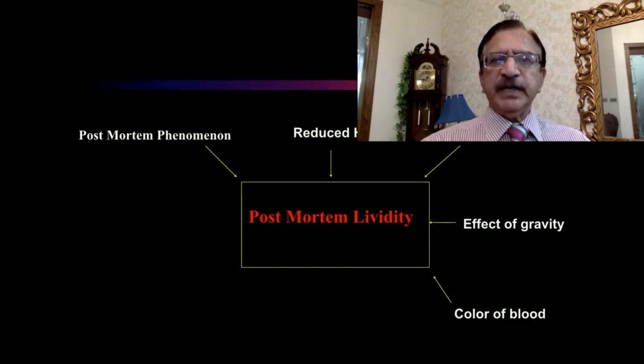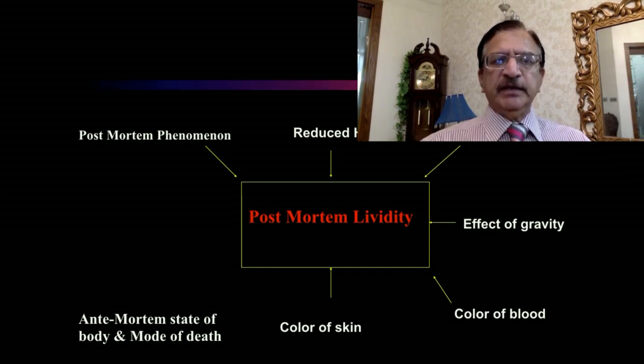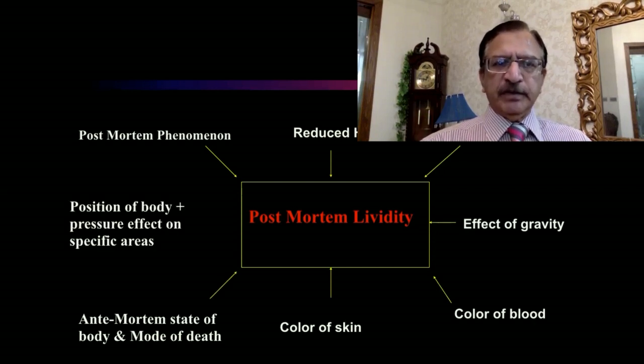The color of the blood will be normal, as in normal cases of deaths. Similarly, the color of skin will be normal, and the ante-mortem state of the body and mode of death should be differentiated from the post-mortem lividity. The position of the body and the pressure effects on specific areas because of tight clothing or some protruding object should also be kept in mind.